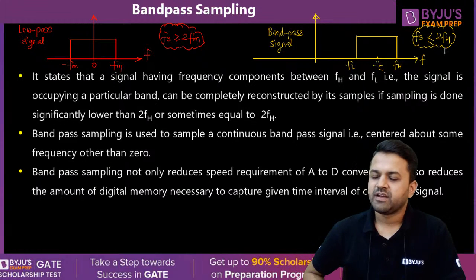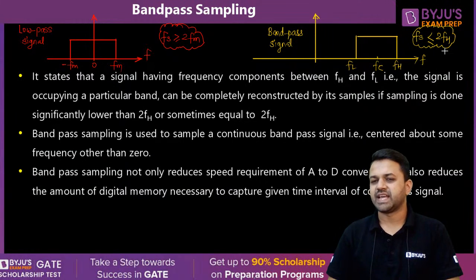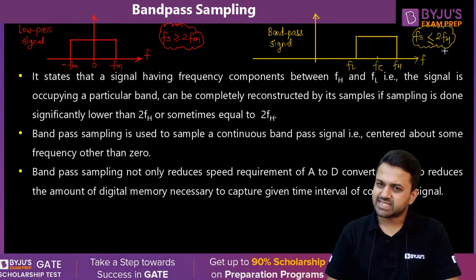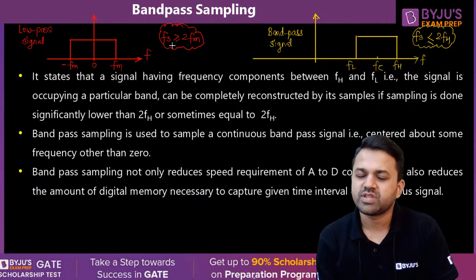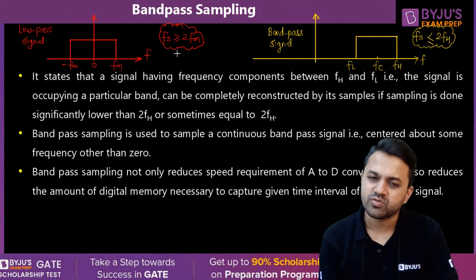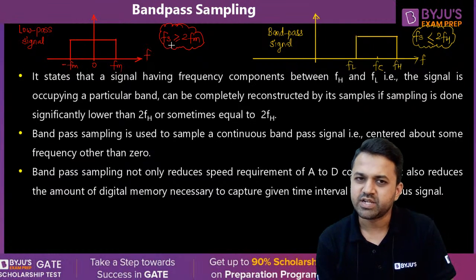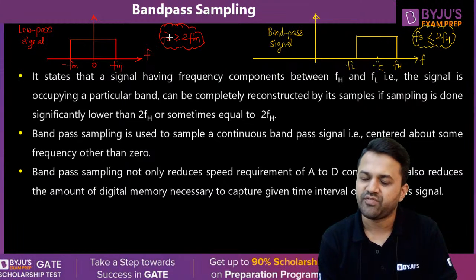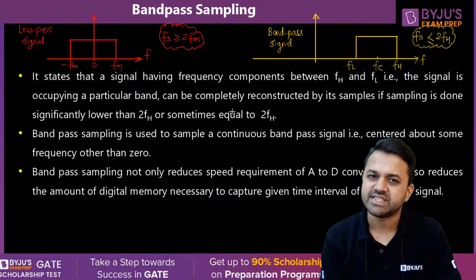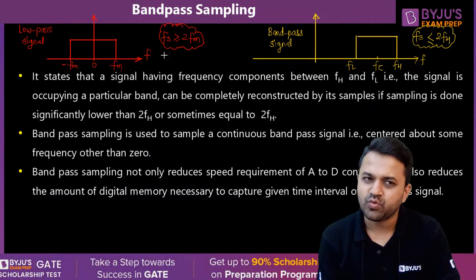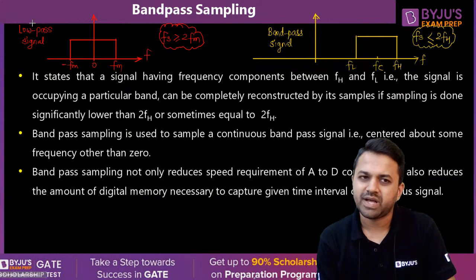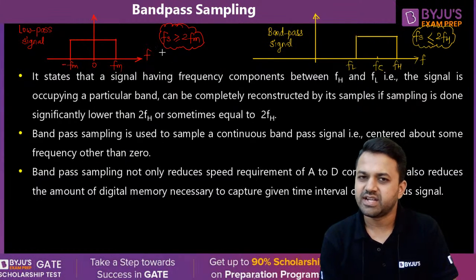So now the sampling frequency is less than or equal to 2fh. According to the sampling theorem, when fs is equal to 2fm we call it the Nyquist rate, and it should always be greater than 2fm. If the sampling frequency is less than 2fm in the case of a low pass signal, we call it undersampling.